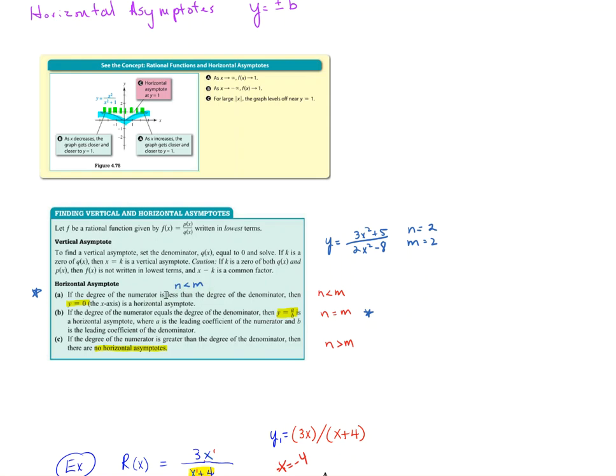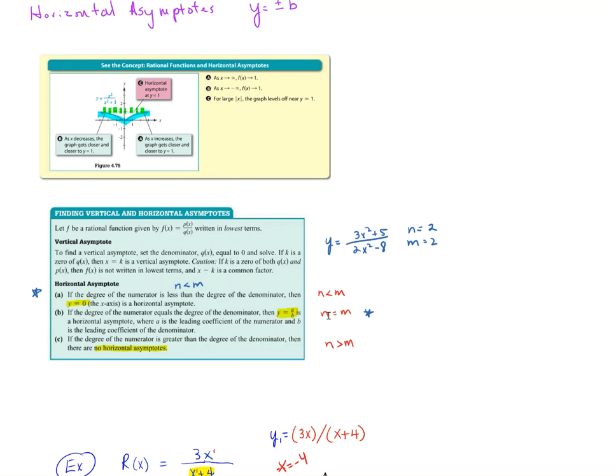If the degree of the numerator is less than the degree of the denominator, then y equals 0 is a horizontal asymptote. If the degree of the numerator equals the degree of the denominator, then y equals a over b, where a is the leading coefficient of the numerator and b is the leading coefficient of the denominator.